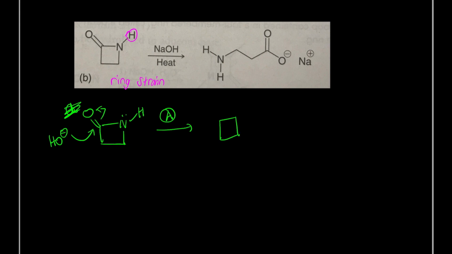So what I want to try to draw is maybe something attacking, instead of acting as a base, okay, hydroxide would act as a nucleophile and attack the carbonyl carbon. Okay.